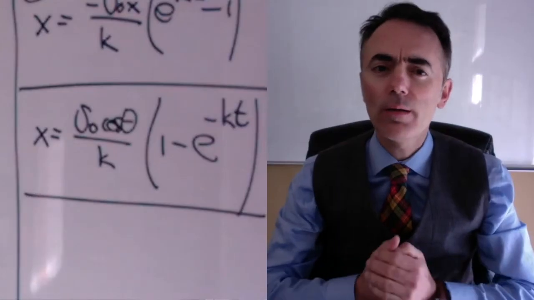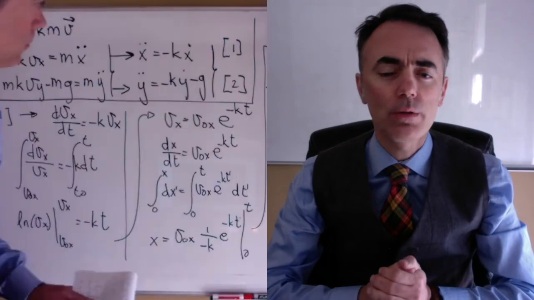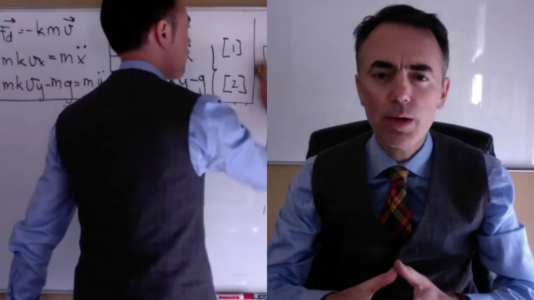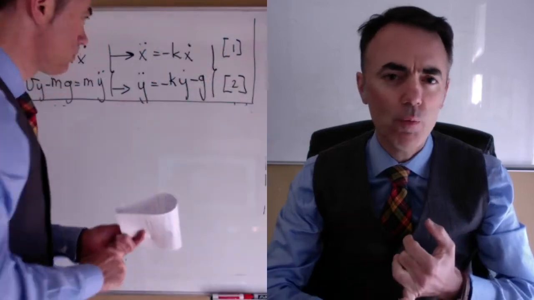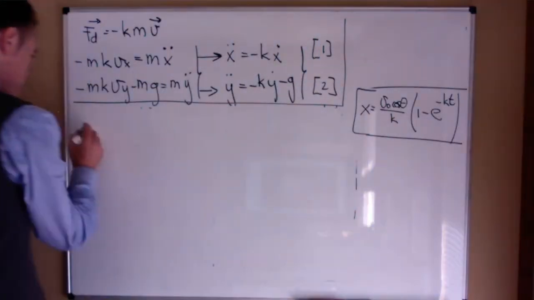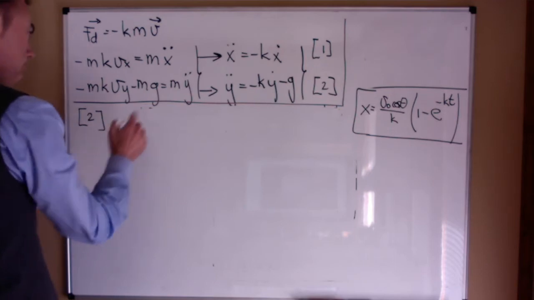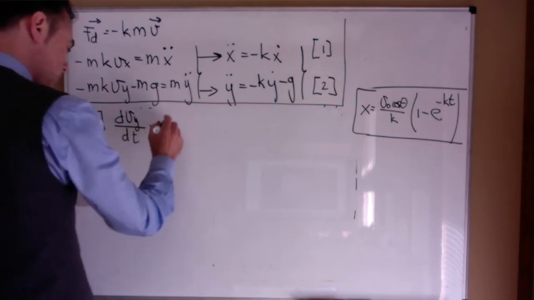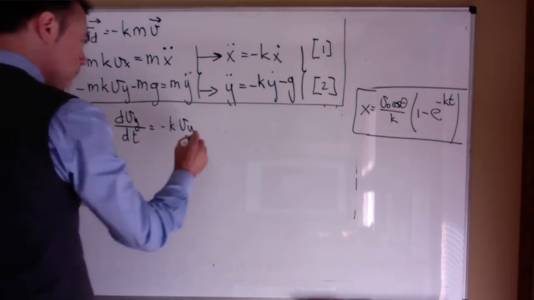Let's work now on the y differential equation. I'll follow the same steps as for the x-axis. I'll integrate twice to get first v_y and then y as a function of t. Remember that unlike dropping an object from a certain height, we have a non-zero initial velocity this time.